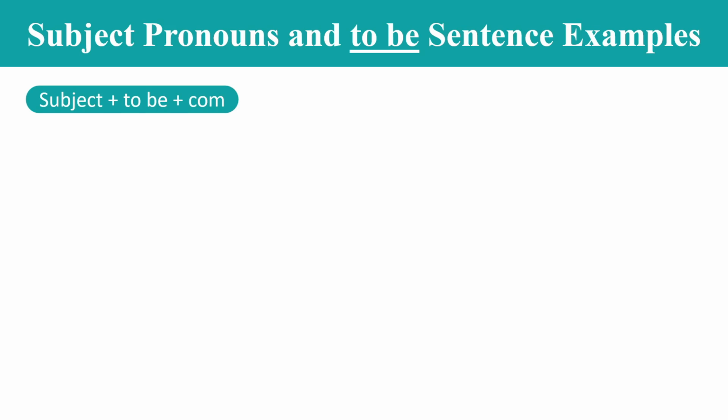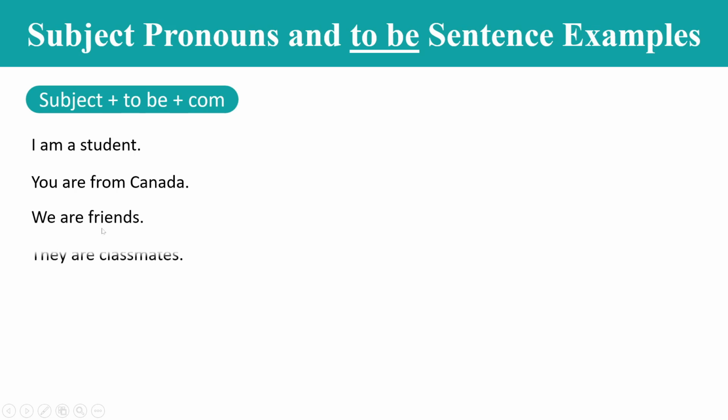Okay, the first example, I am a student. In this example, I is the subject, am is the to be verb, and a student can be the complement of our sentence, which completes the meaning of the sentence. The next example, you are from Canada. We are friends.